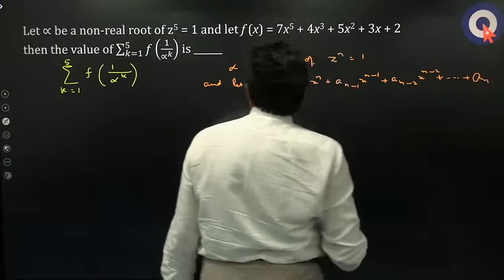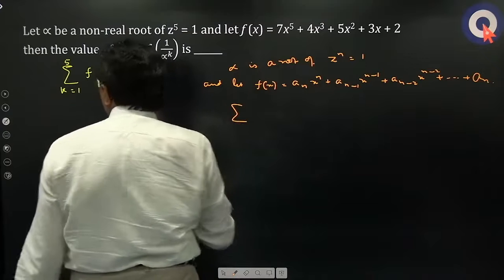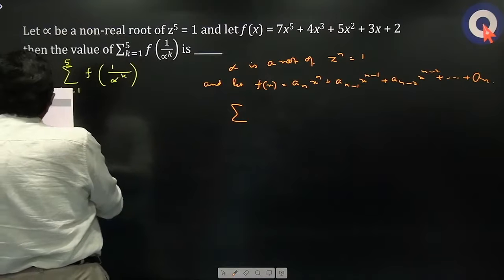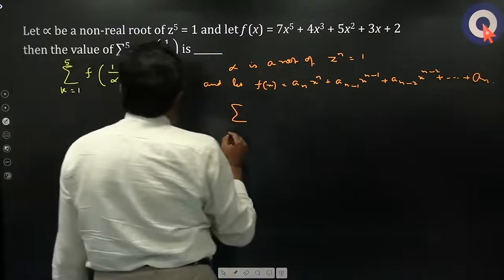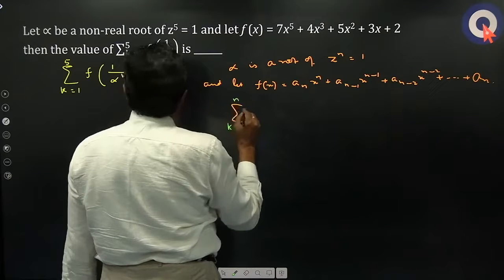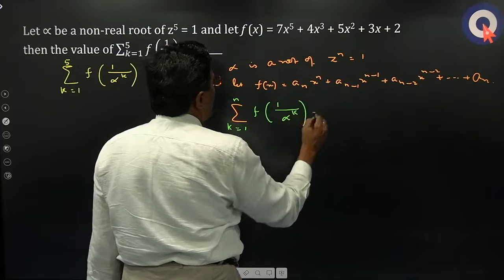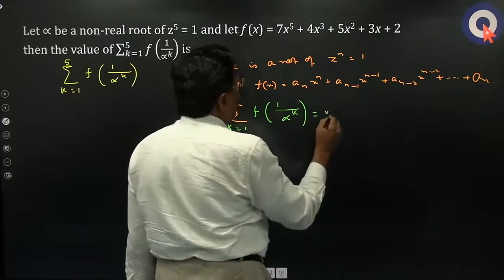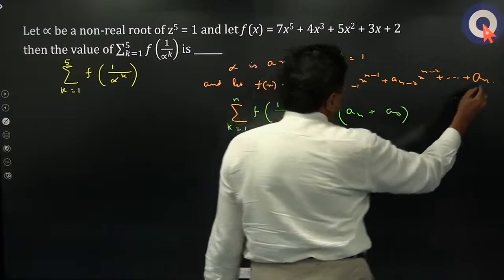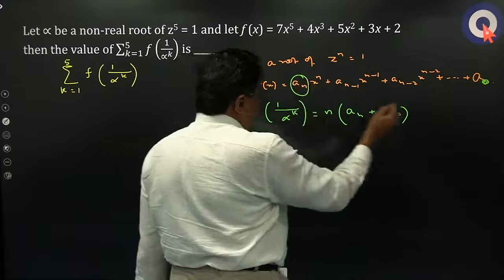Now, if we want the value of sigma k is equal to 1 to n, f of 1 by alpha power k, it is n into a n plus a naught. So it is simply a n plus a naught.